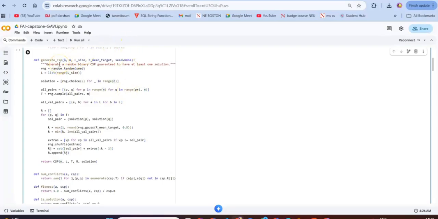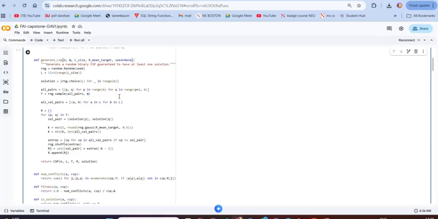Now, here is the random CSP generator. Given N, target M, domain size, and target R mean, it does three things. First, it samples a random hidden solution. Second, it samples the M variable pairs without replacement as constraint scopes.